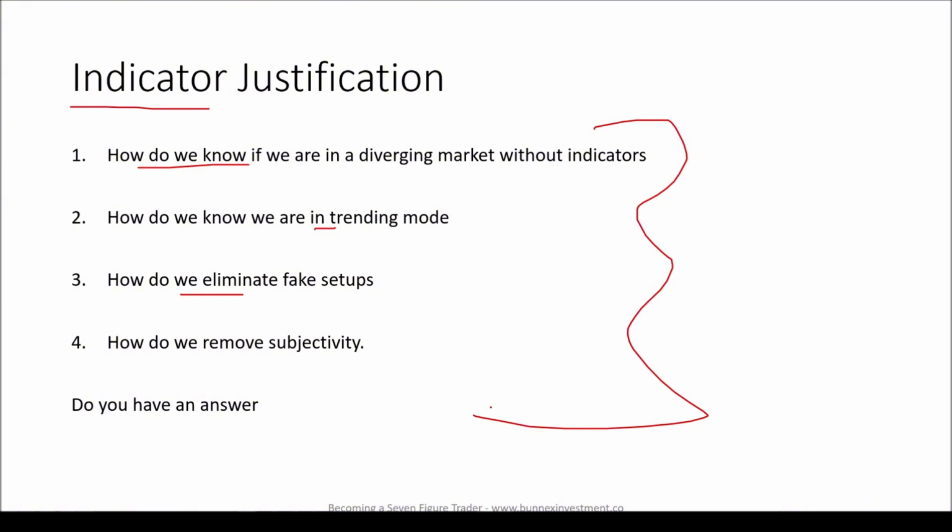But indicators are going to be indicators. They are going to indicate what is happening within the markets. Is the market trending or not? Are we in a divergence phase or not? Where are we going to start off? Where is our datum or our point of start to analysis? That is basically what our indicators are going to be used for.